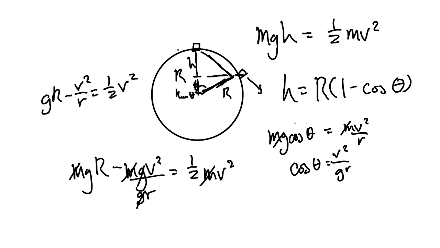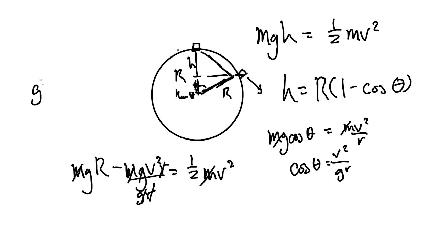Right? And let me double check the validity of that. That is wrong. That is very wrong. I am very sorry. So there should be another r here, just because of this, right? It's mgr times v squared over gr. So these cross out, these two cross out, and all the m's can cross out as well, right?